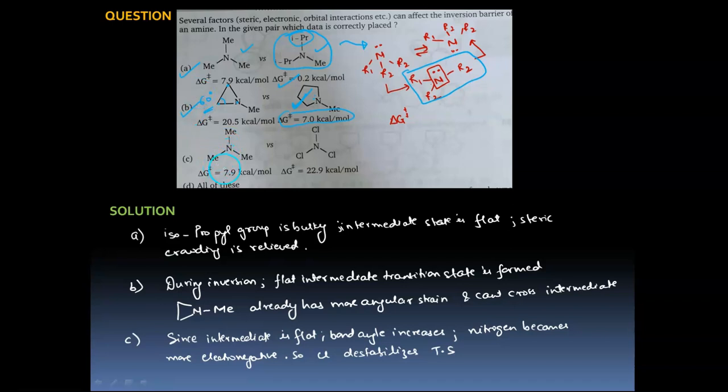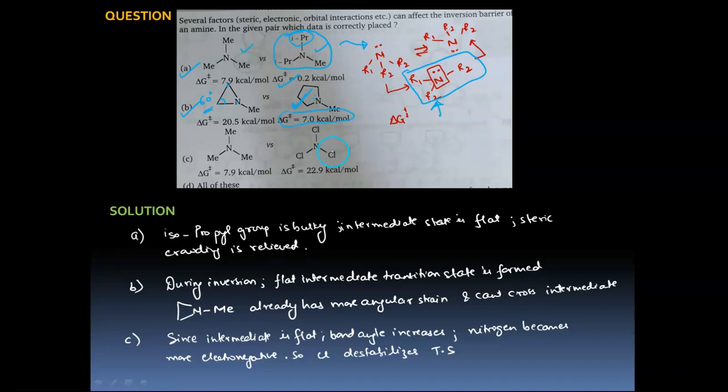What about the third one? Here we have to see whether an electron-releasing or electron-withdrawing factor is going to stabilize the intermediate state. The intermediate state, as I have said, is more electronegative. As nitrogen goes from sp3 to sp2, the electronegativity of the nitrogen increases. Electronegative chlorine pulls electron density away from nitrogen, whereas methyl is going to increase the electron density.